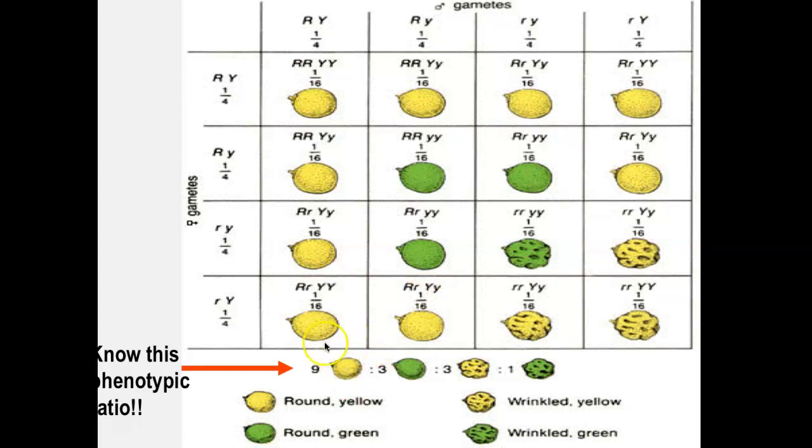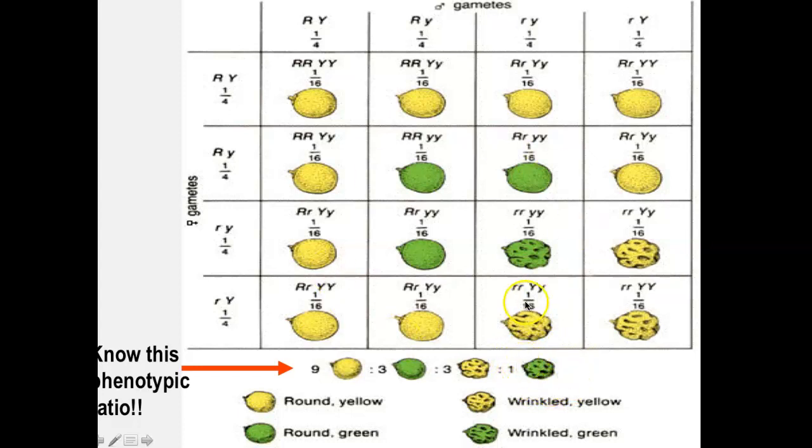So 9 will exhibit both dominant traits, yellow round. The 3 and 3 switch off: 3 will show a dominant and a recessive trait, and the other 3 will show the other dominant and the other recessive. And then the 1 is going to be homozygous recessive.